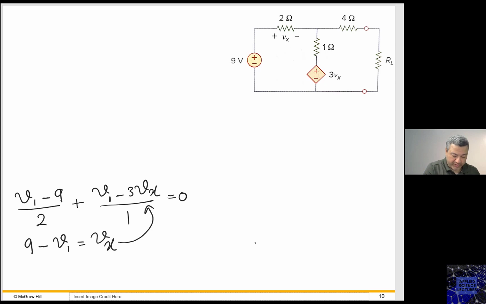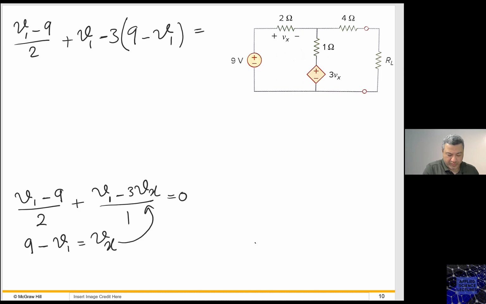So I will write it here: V1 minus 9 over 2 plus V1 minus 3 times (9 minus V1) equals 0, right?